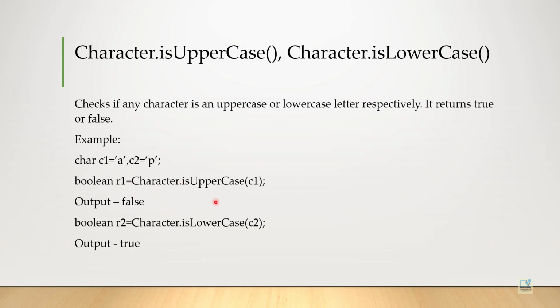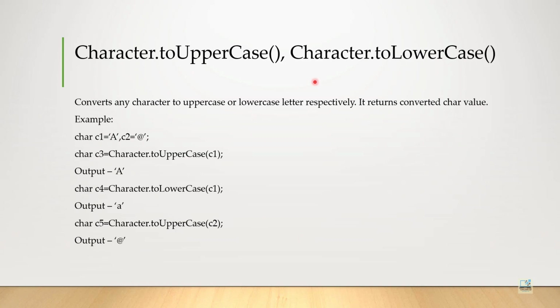If the character is uppercase, means between capital A to capital Z, then the first function will return true. If not, it will return false. Similarly, for the second function, if the letter you are passing is a lowercase letter between small a to small z, then it will return true, otherwise it will return false.